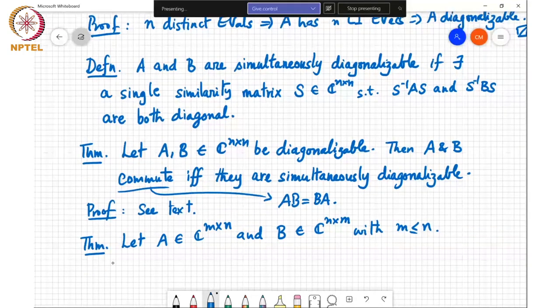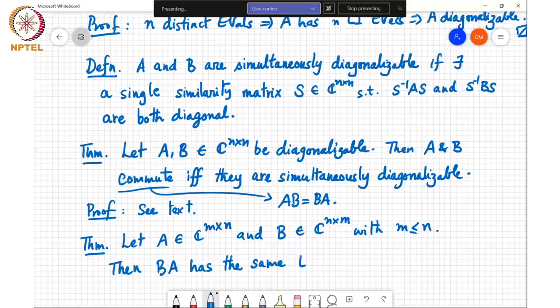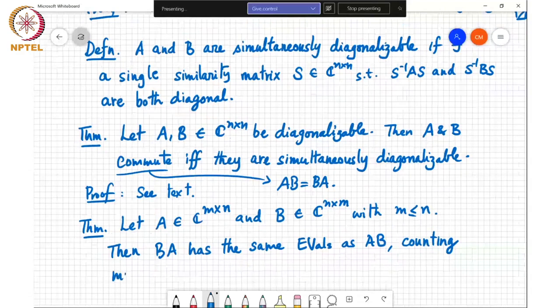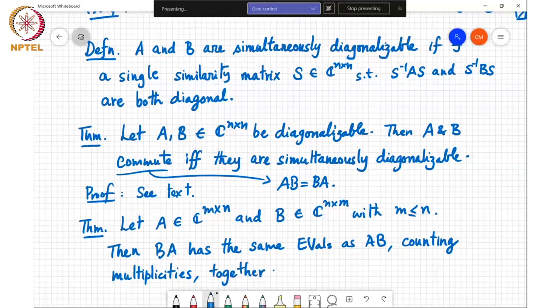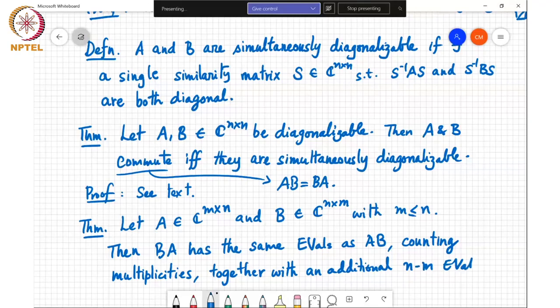Then BA has the same eigenvalues as AB, counting multiplicities, together with additional n minus m eigenvalues equal to 0.